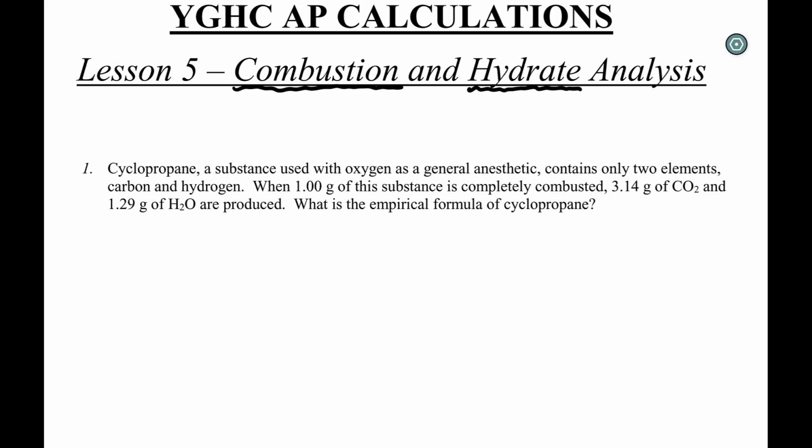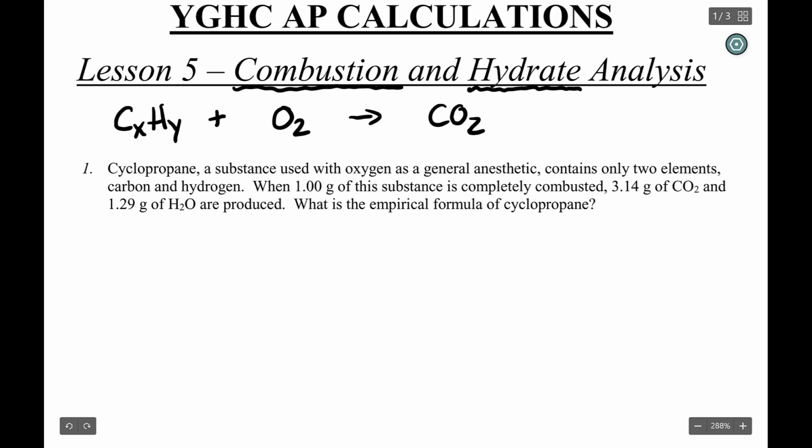Again, this is all about mole ratios, because when we're trying to figure out a formula, we're essentially trying to figure out the number of moles of every type of element in the compound. So for instance, in a very basic combustion analysis, with just a hydrocarbon, which is carbon and hydrogen, this would be reacting with oxygen to produce CO2 plus H2O.